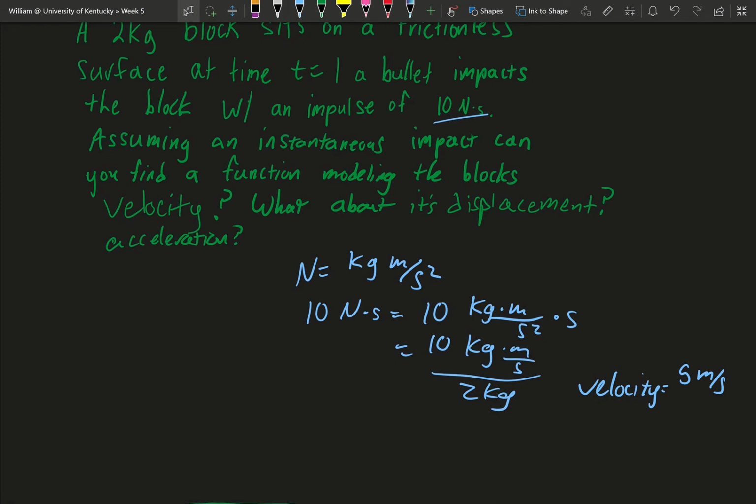So we can write down a velocity function as a function of time. Before the impact at time t equals 1, we're just assuming, but it says sitting, so it's not moving at all.